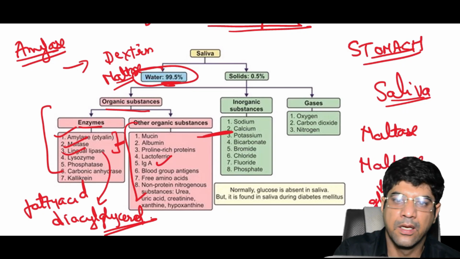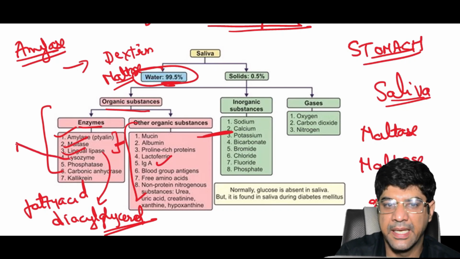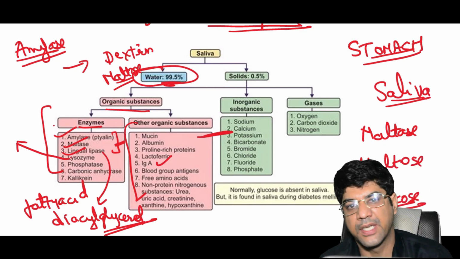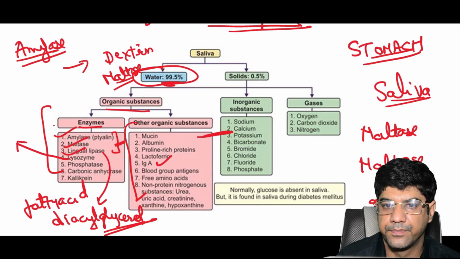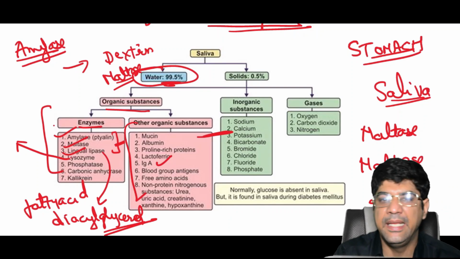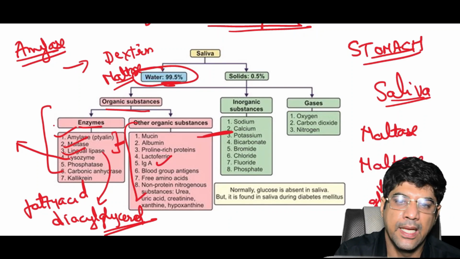It prevents bacterial growth and prevents foreign particles. And it contains enzymes like lysozyme. Lysozyme will kill bacteria like staphylococcus, streptococcus and brucella. So which enzyme in the saliva has antibacterial property and kills certain bacteria? Your answer would be lysozyme.